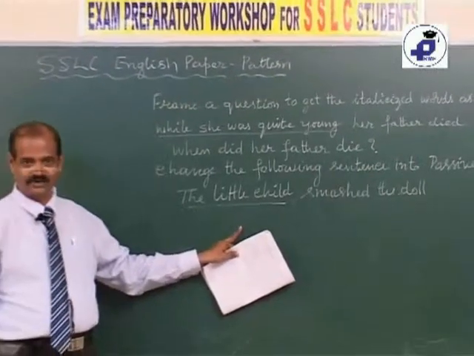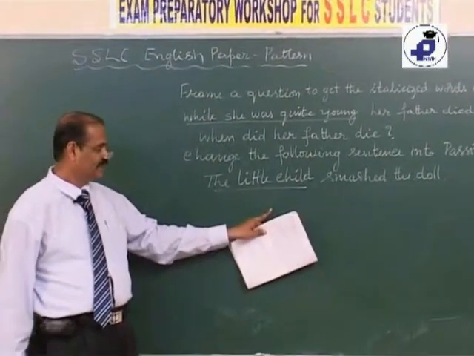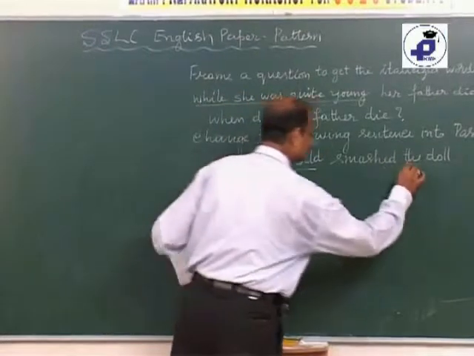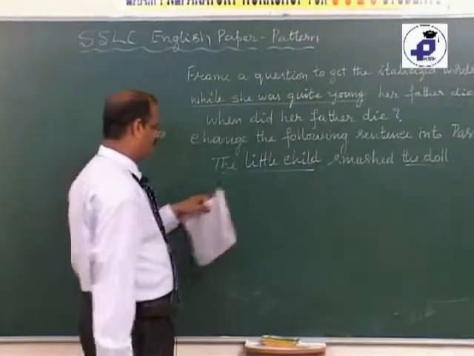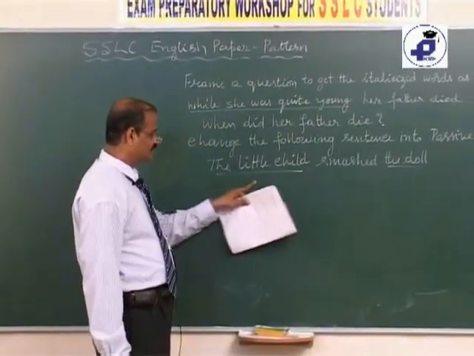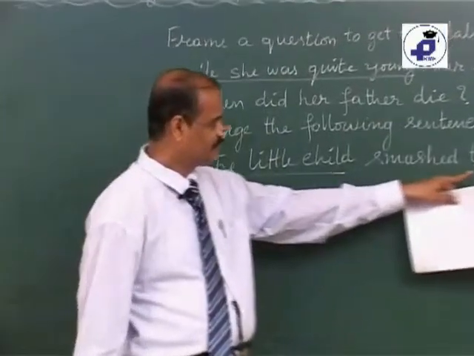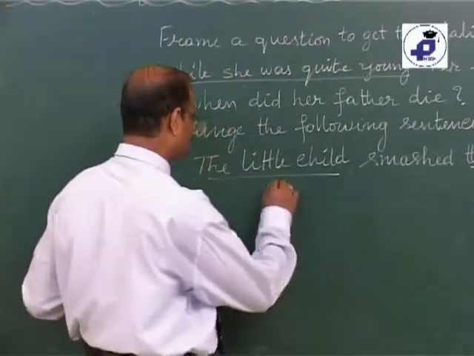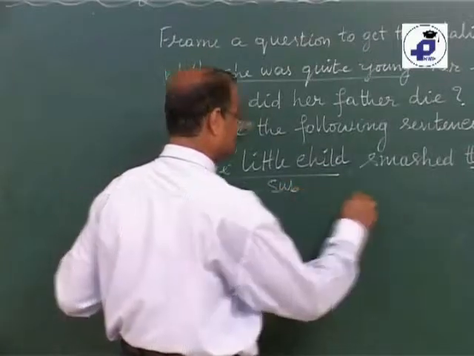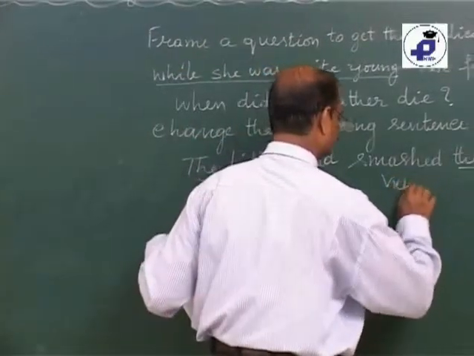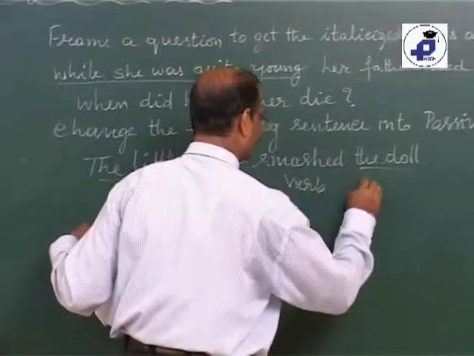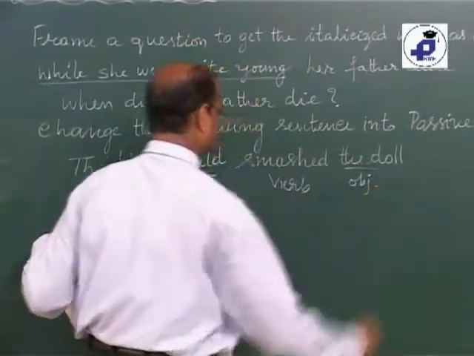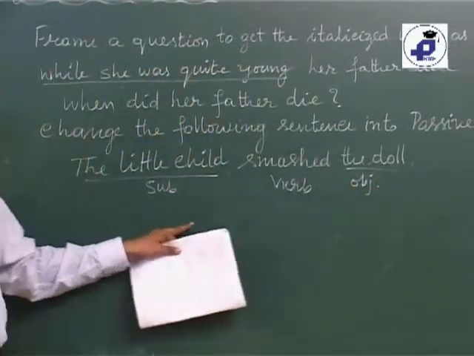Changing a sentence from active voice to passive voice: the little child is the subject, smashed is the verb, the doll is the object. So you can divide it into three: subject, verb, and object. There is a very simple rule of changing the sentence.